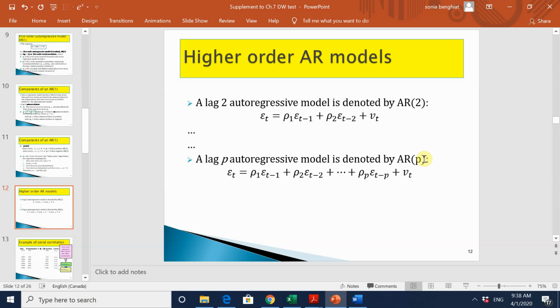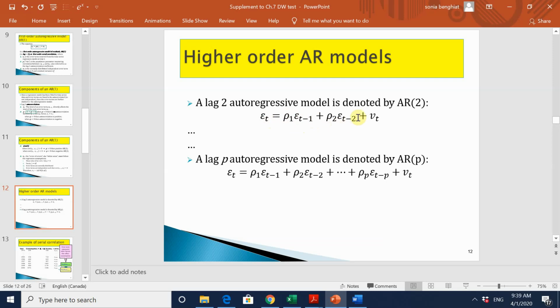Of course, it is possible to look at higher order autoregressive models on the error terms. And so if we talk of a lag 2 autoregressive model, then this is the form that we get. So here we see that the error term is expressed in a linear fashion in terms of epsilon of t minus 1 and epsilon of t minus 2.